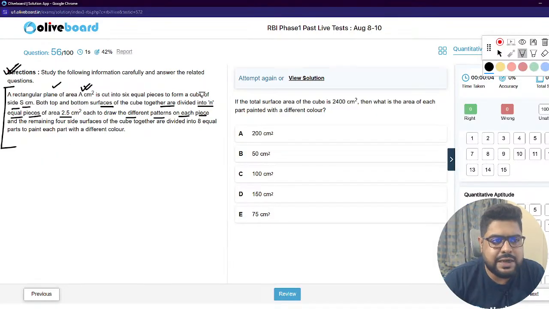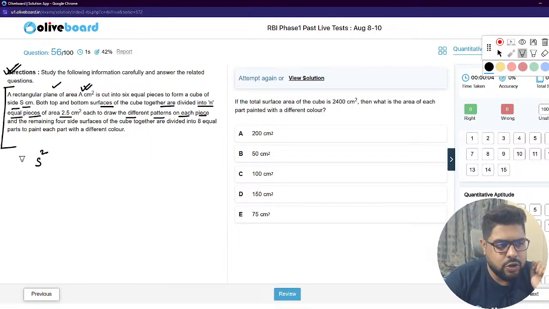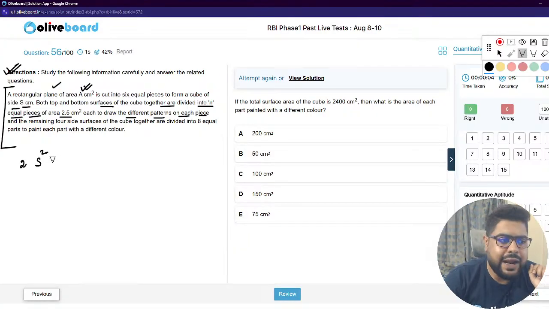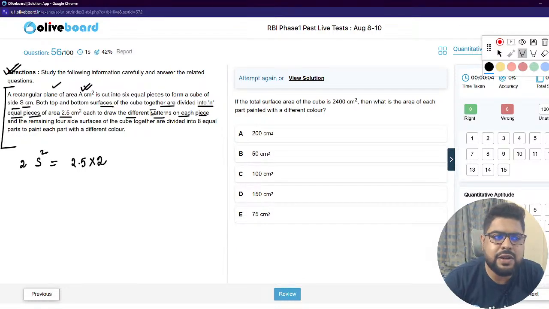Side S means every face is a square of area s square, and top and bottom means two surfaces, so 2s square. That is equal to 2.5 into 2, because each equal piece is 2.5 centimeter square.